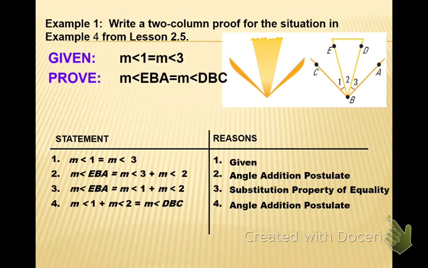What do you think I'm going to say next? What does 3 and 4 have in common? The measure of angle 1 plus the measure of angle 2 is in both of them, right?